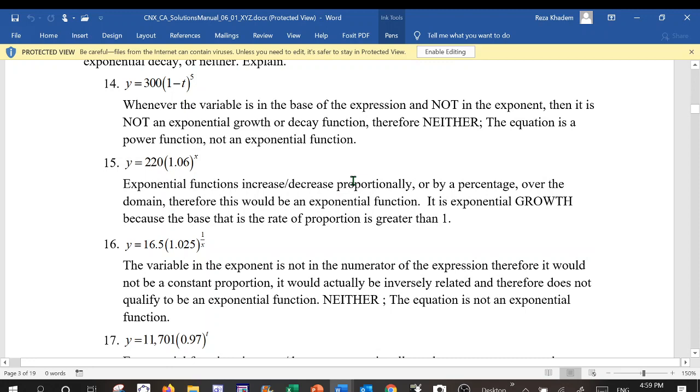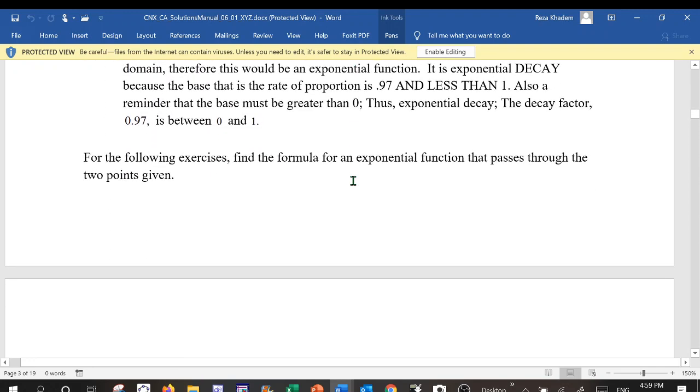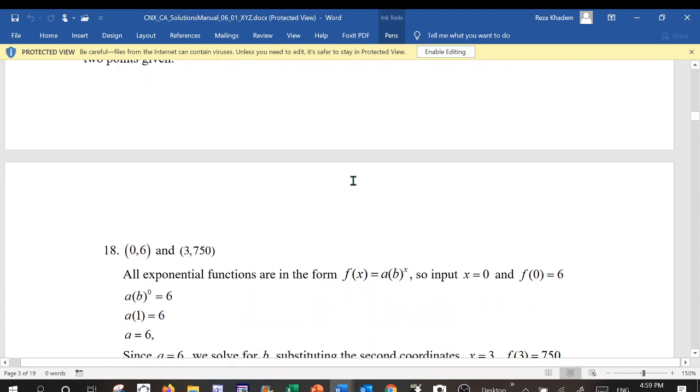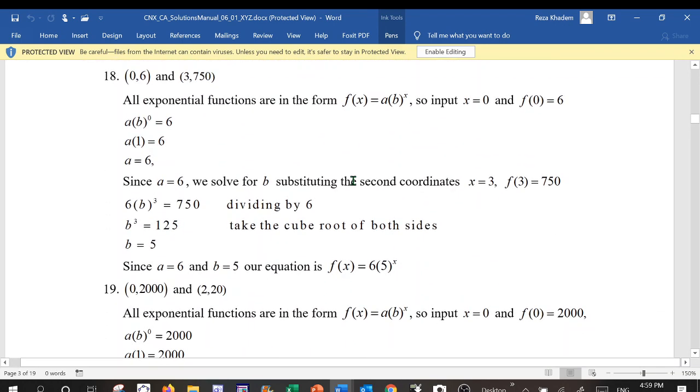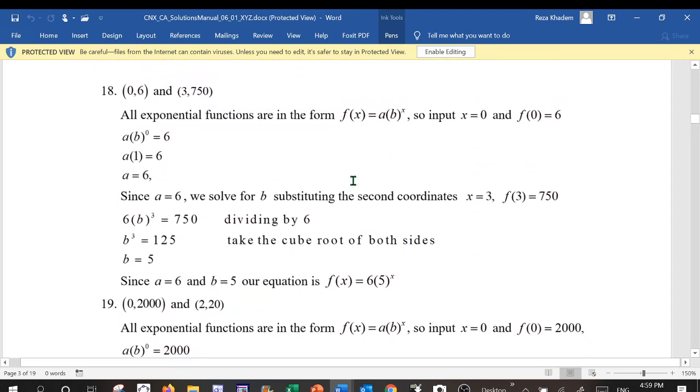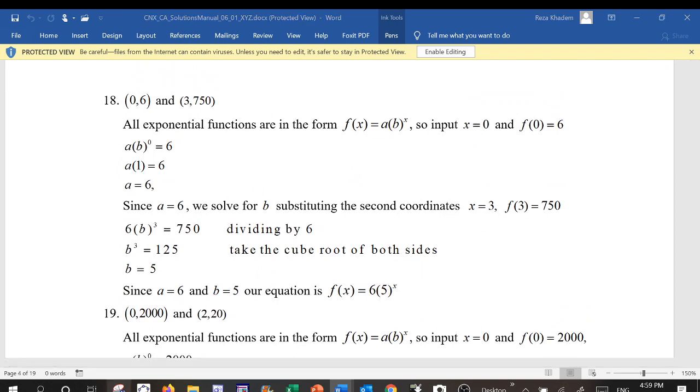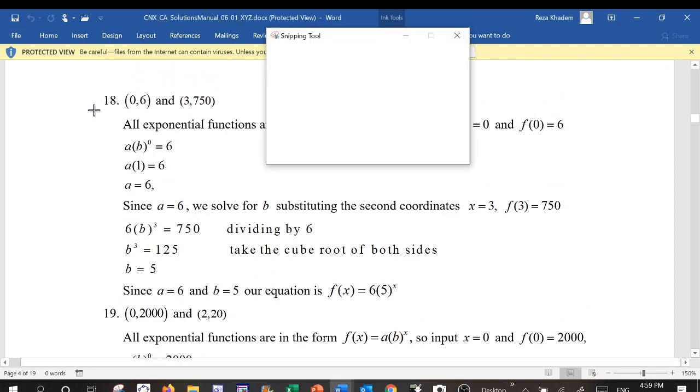And let's do a few more. Let's do number 18 and 20. It says, use the following exercise: find a formula for an exponential function that passes through 2 points. So let's do this one. Let's do 18.